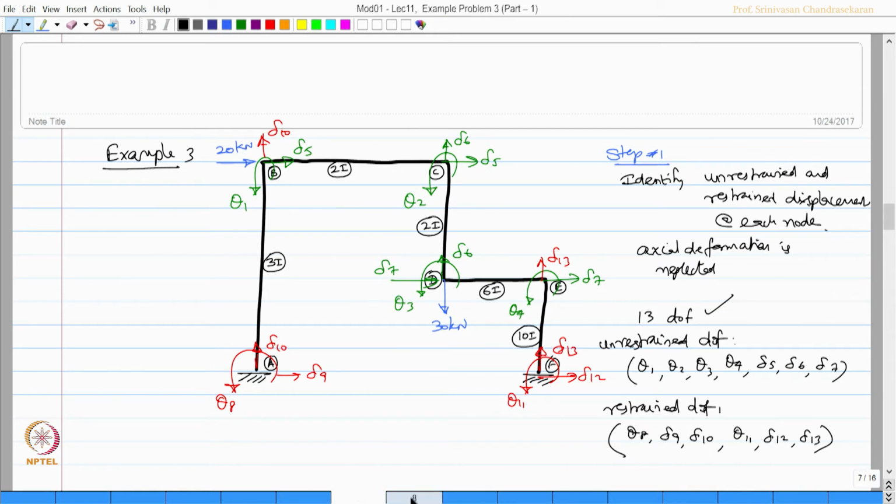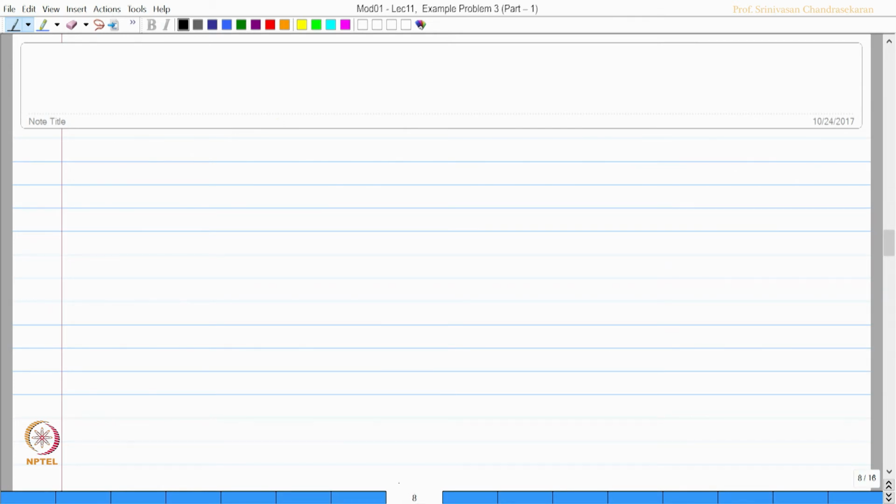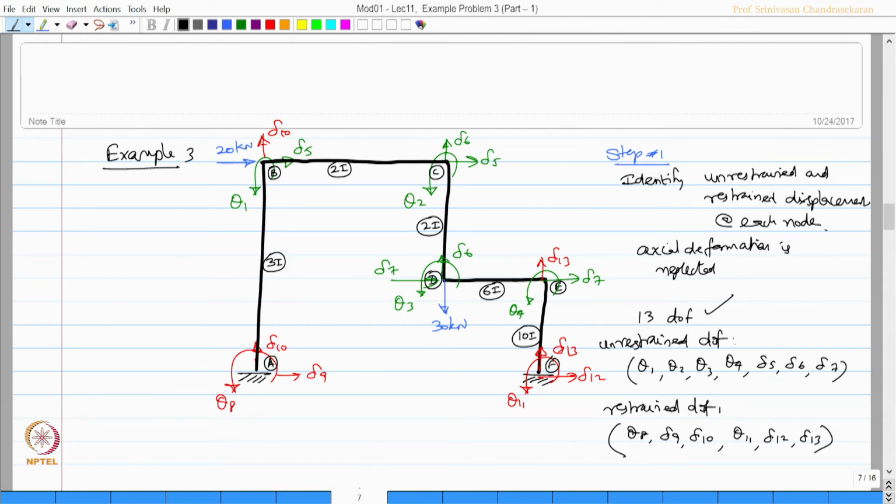Okay. The next step is for a member, this is step number 2. Let us identify what should be the jth end and kth end, that is orientation of the member, and what are the degrees of freedom labels. Let us take for example BA.